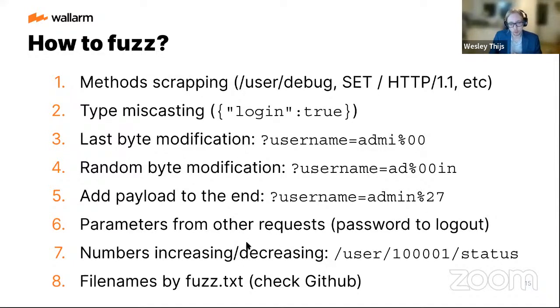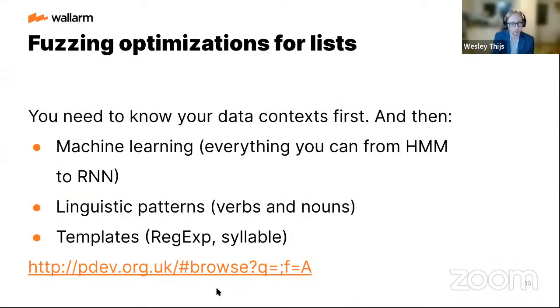We can try to add parameters from other requests, for example, passwords, if you log out, and a number increasing, decreasing, as you can see right here, and go back to that. We can try to increase or decrease the user identifier to see their status. We can also fuzz by file names, for example, fuzz.txt, which is on GitHub.